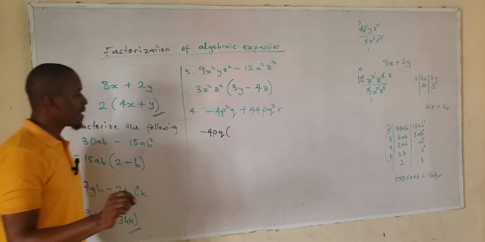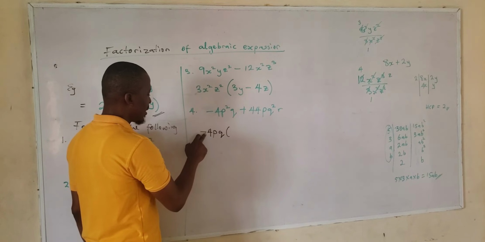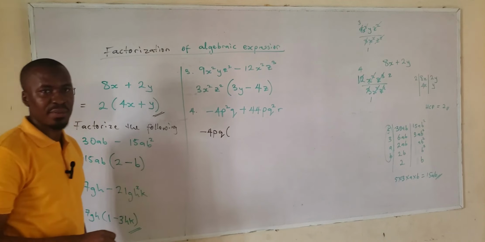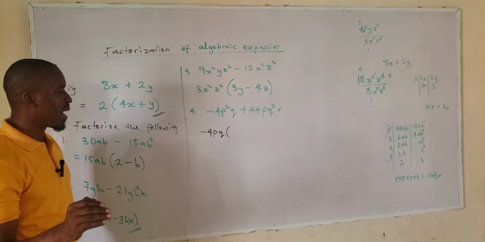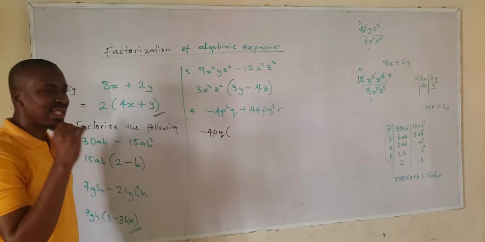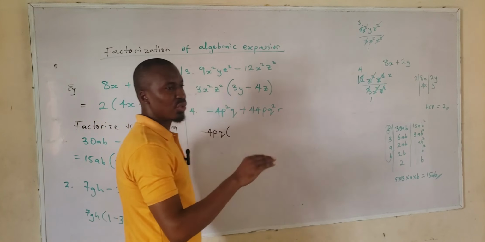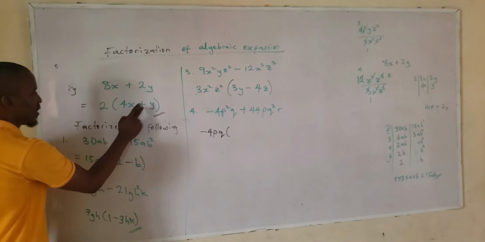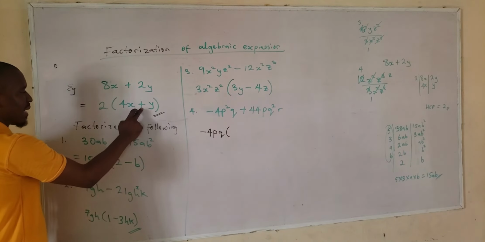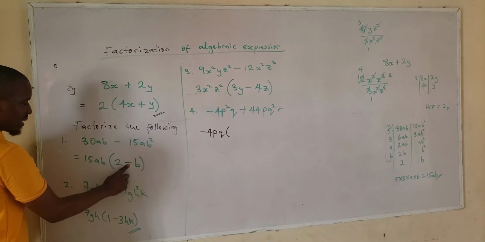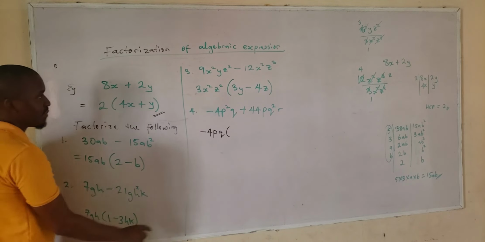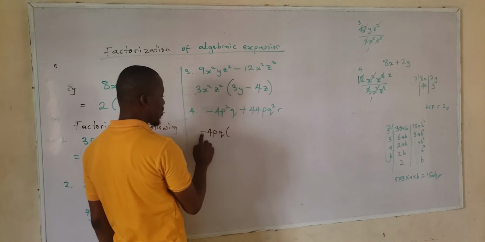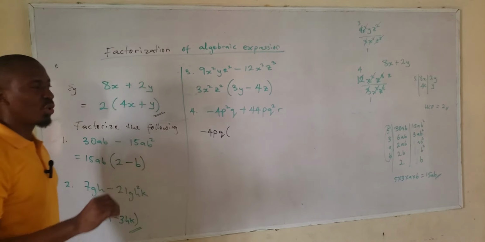Why do we need to be very careful? Because what we have outside this bracket is a negative number. When we have a negative number outside the bracket, the signs inside the bracket are going to change. The middle sign inside the bracket, because we have negative outside, is going to change.